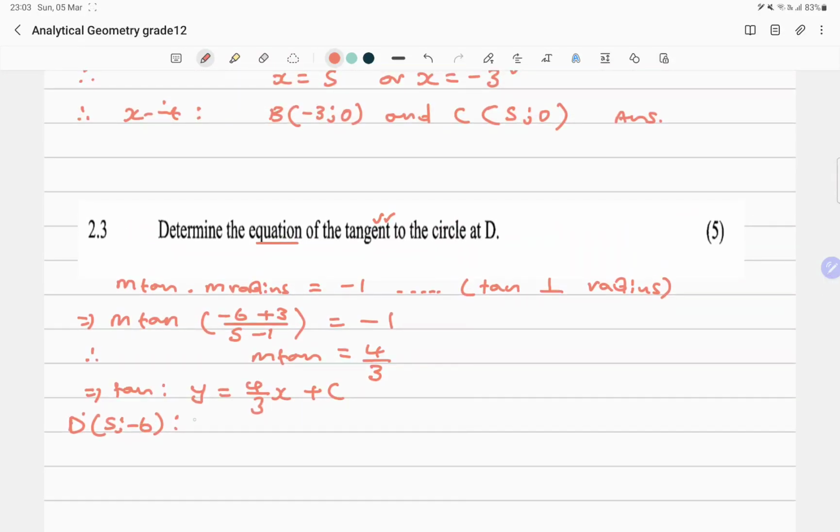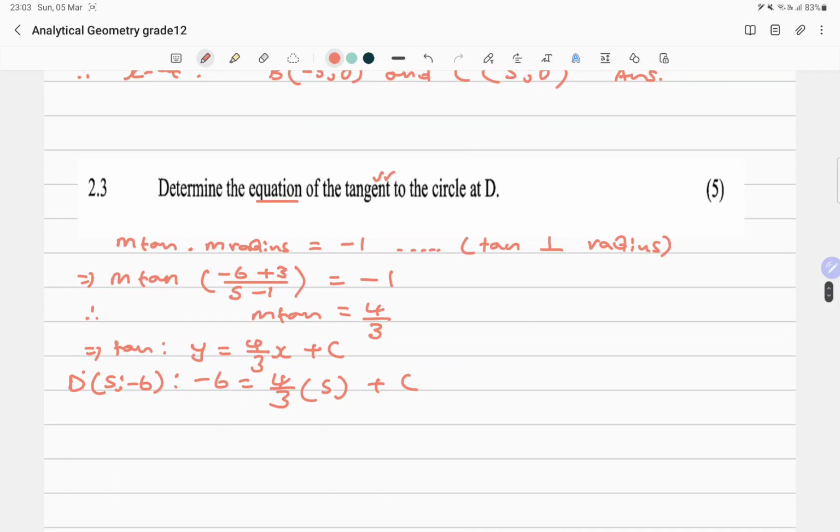So now when you substitute, y is -6 equals 4 over 3 times 5 plus c, okay? Now again, the quickest gymnastic you can do, you just multiply 5 by 4, you get 20 over 3. Then you transpose it to the other side, you get -6 minus 20 over 3. Then 3 times 6 is 18. So -18 minus 20, that's -38.